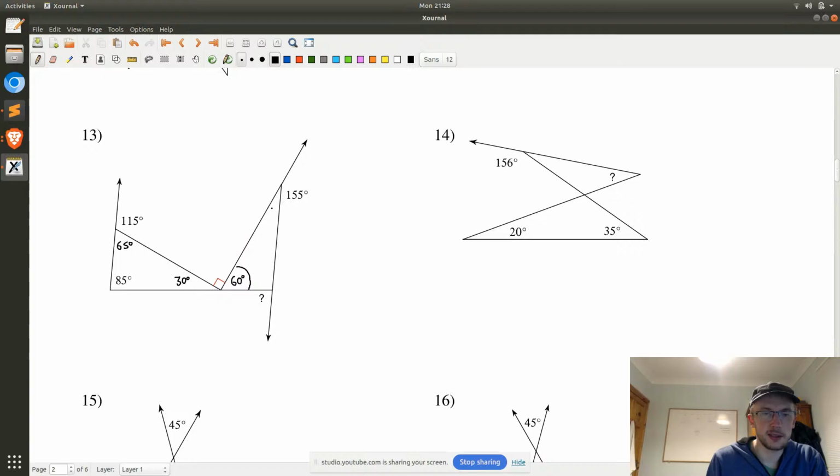This being adjacent to it on a straight line must be 25 degrees. 25 add 60 is 85. Take that from 180, and that's 95 degrees. And so this must be 85 degrees.